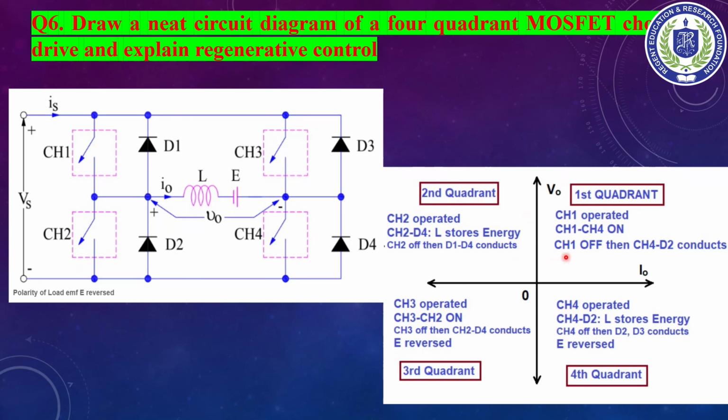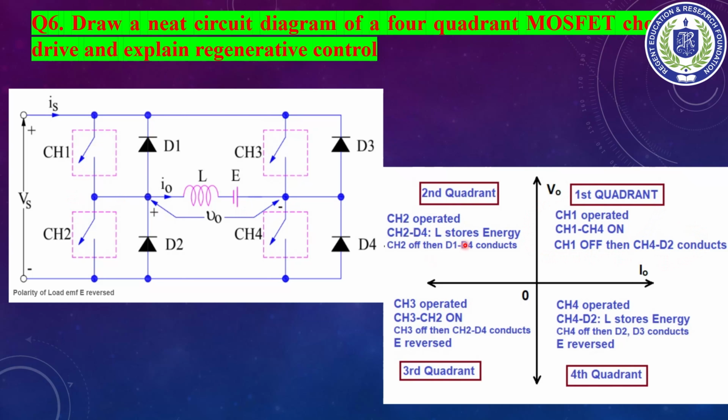So as it is written over here, in the first quadrant CH1 will operate. So CH1 and CH4 will be on at the same time. When CH1 turns off, then the current will pass through CH4 and D2 back to the source for a small duration. So this is the operation of the first quadrant.